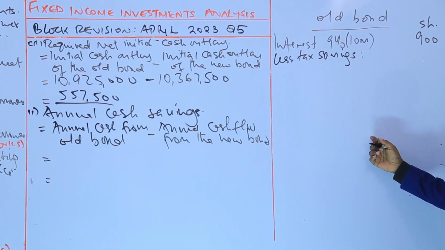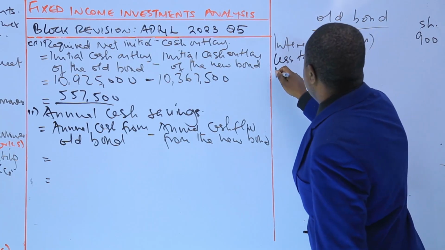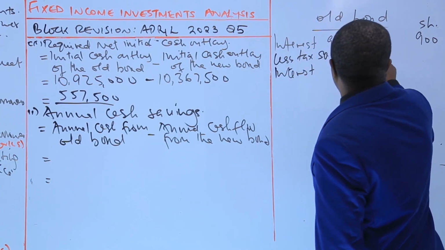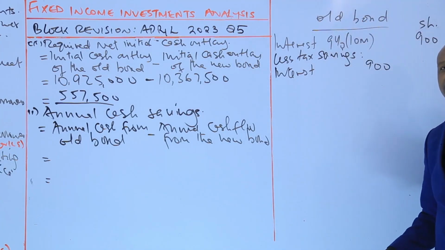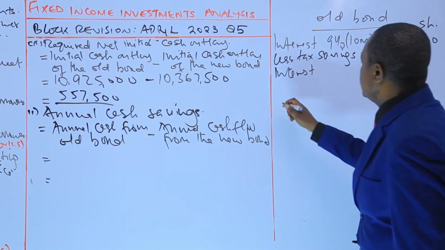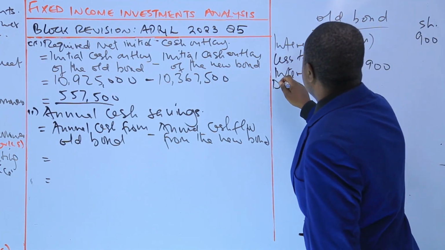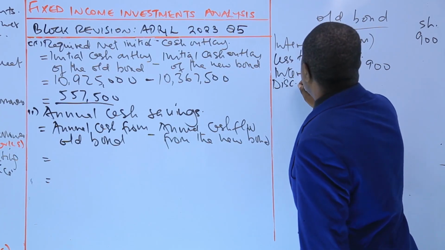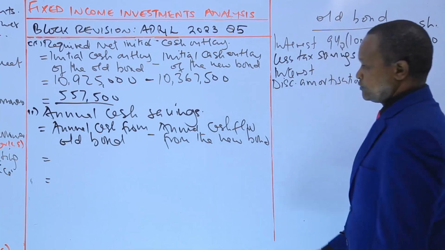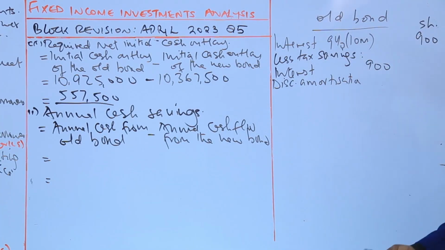The first one is interest of 900. Then we add the amortization of discount, and we are talking about annual.